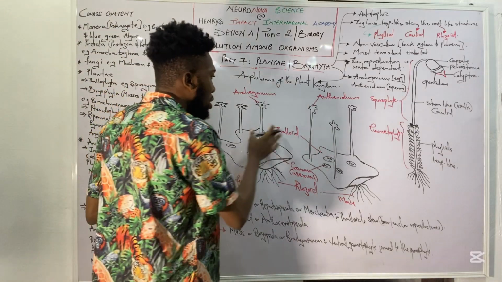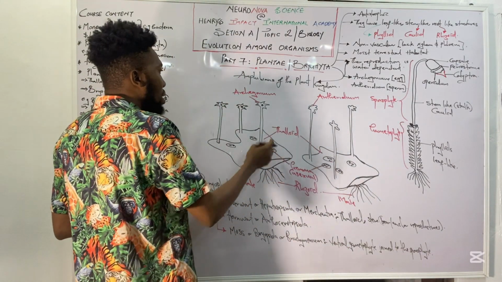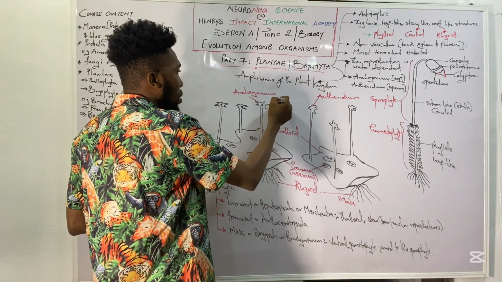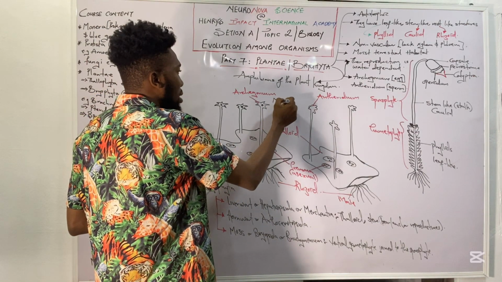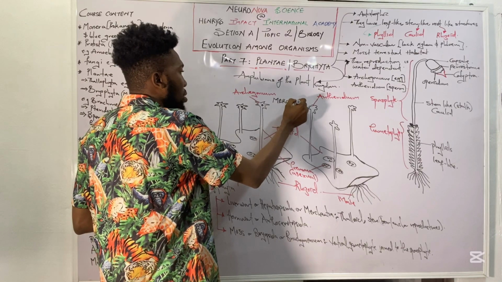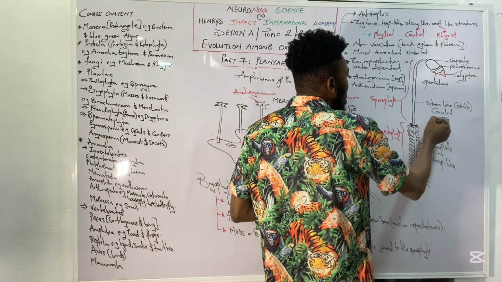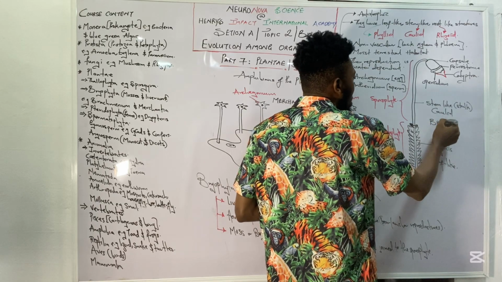So what do we call these ones here? These ones here, we'll call them the what? The marchantia. So these are the marchantia. This one here are the marchantia. While this one here is the brachymenium.